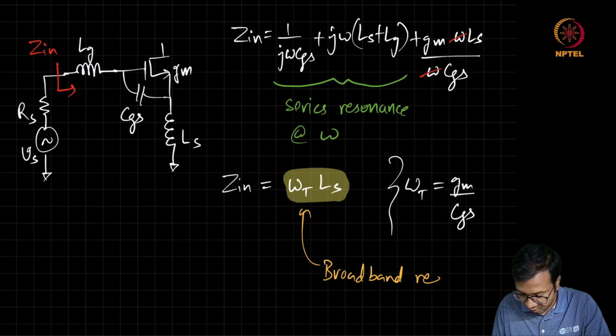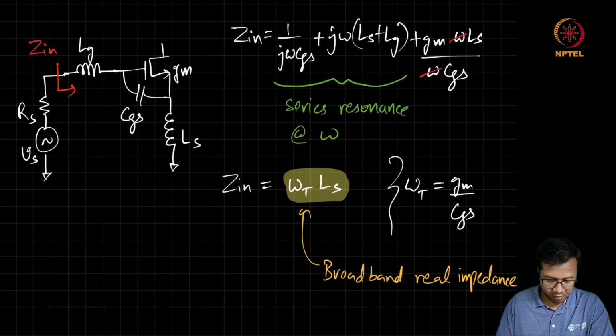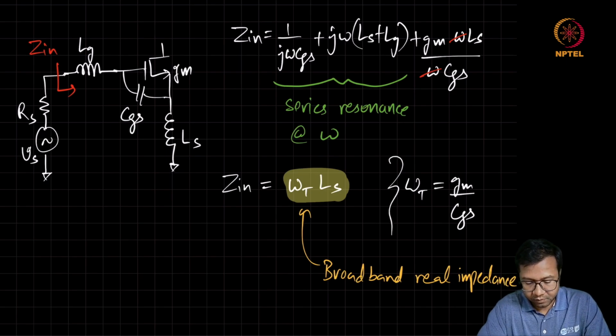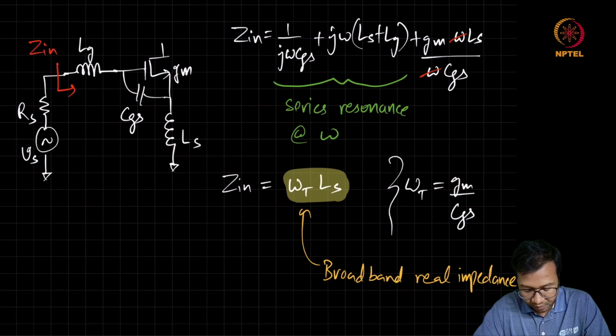Broadband real impedance. So this common source amplifier with inductive degeneration is really popular because of this reason.